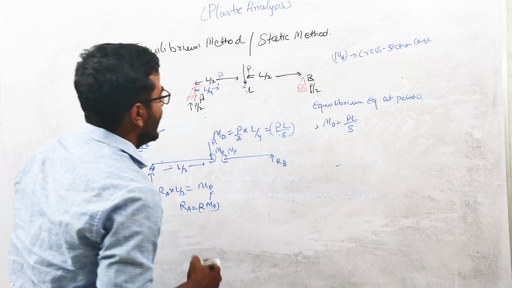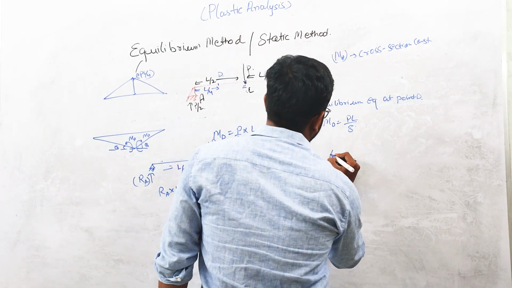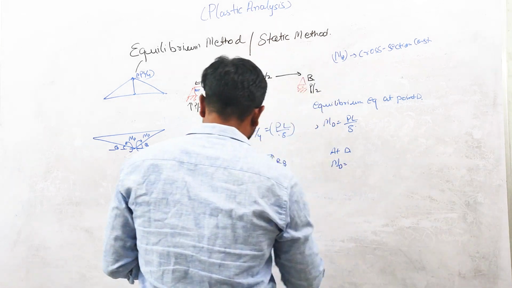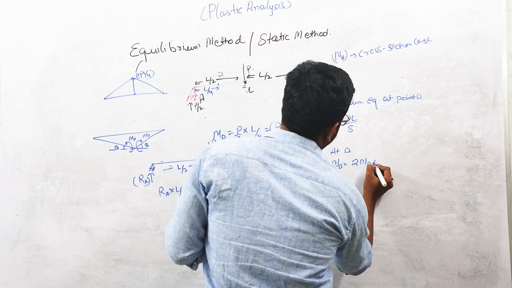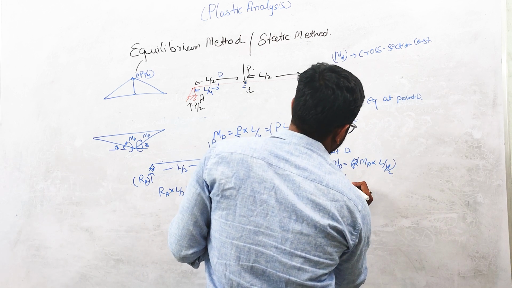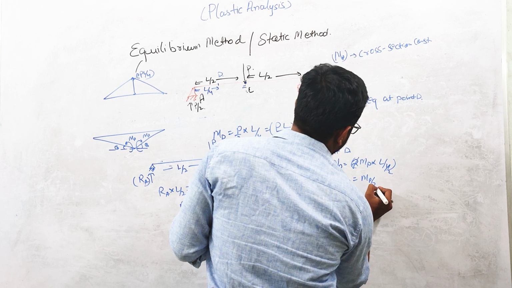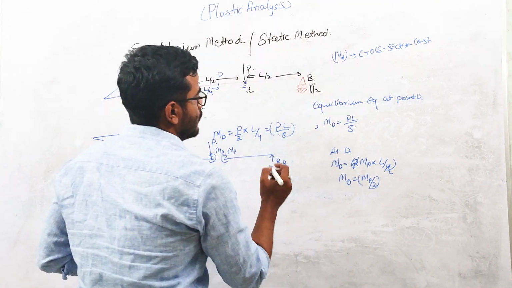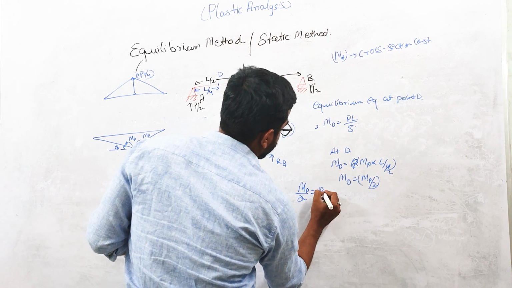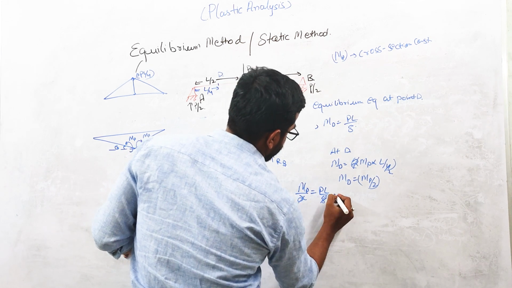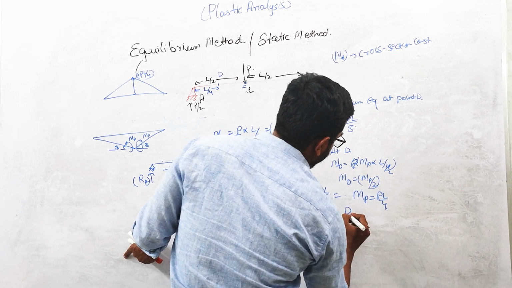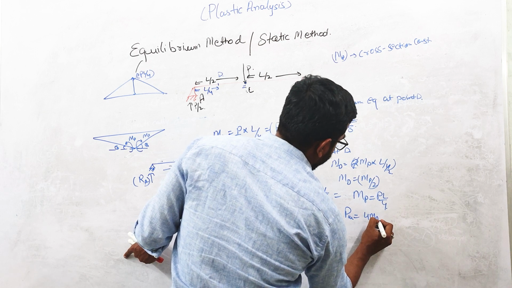If you calculate the moment at point D, MD equals 2MP into L by 4, so MD equals MP by 2. If you put this MP by 2 here, MP equals PL by 4, so PU will be 4MP by L.